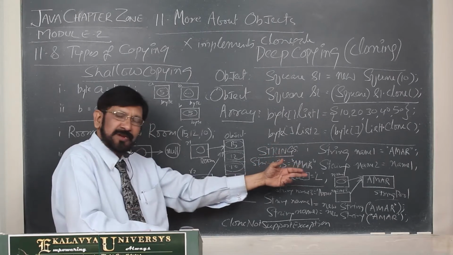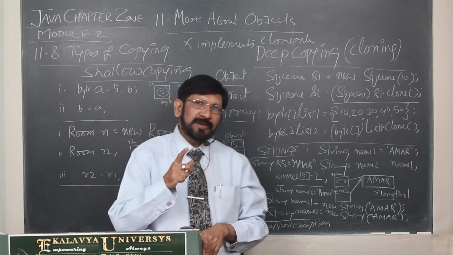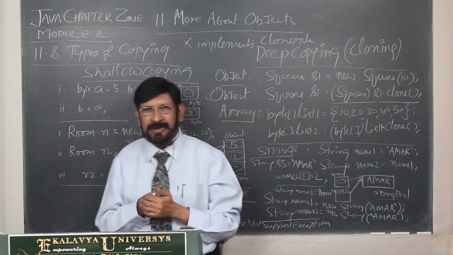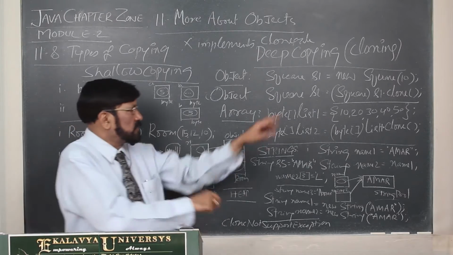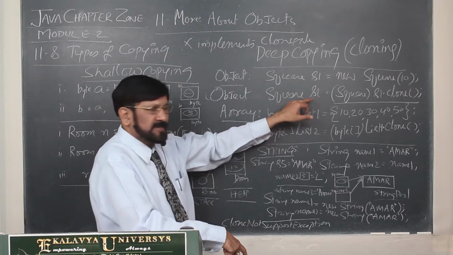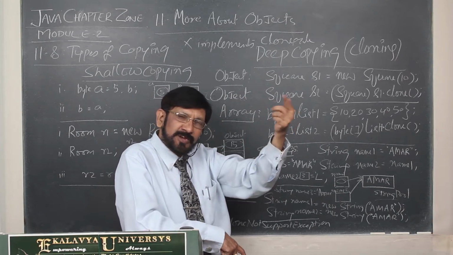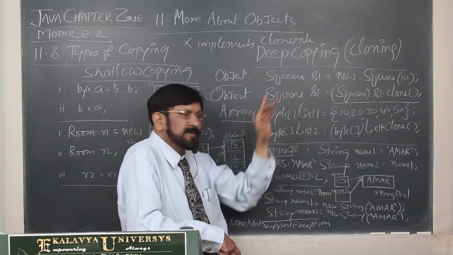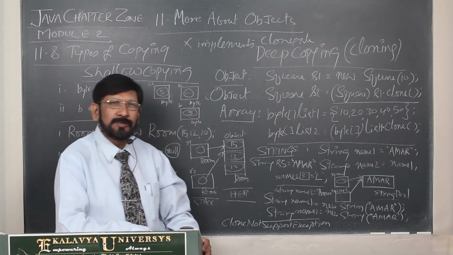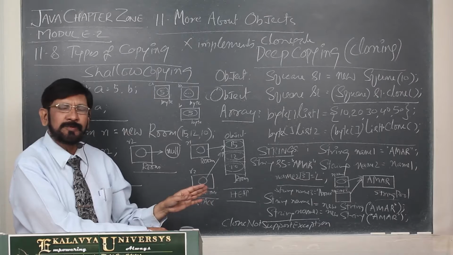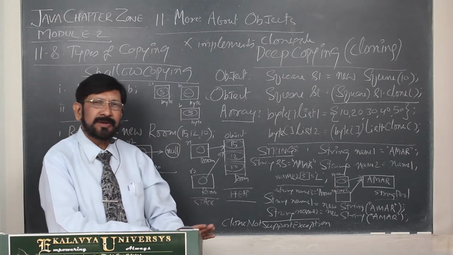As far as strings are concerned, strings are copied, no problem at all. For other object references, shallow copying only is made. Suppose this is S1 and this is S2. In that, one object reference is there, then a shallow copy is made into S2. That point you have to understand. And if you don't understand it fully, don't worry. In forthcoming chapters, you can understand that.